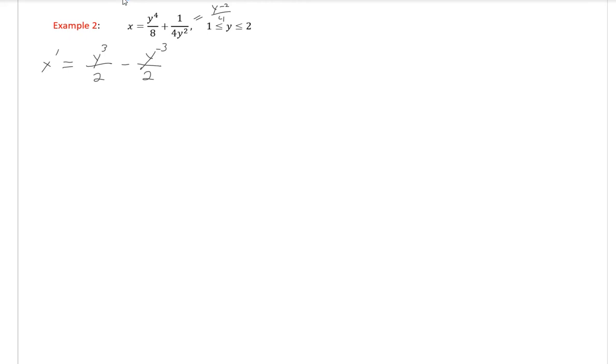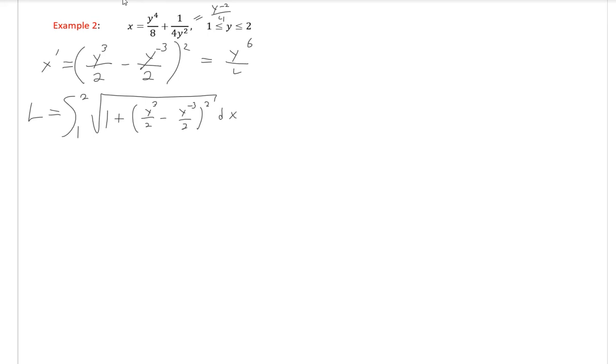If I plug this into my length formula, from 1 to 2, square root of 1 plus, I'm going to need to take these terms and square them. So if I do that up here to save a little bit of room, I will get y cubed over 2 squared, which is going to be y to the 6 over 4.